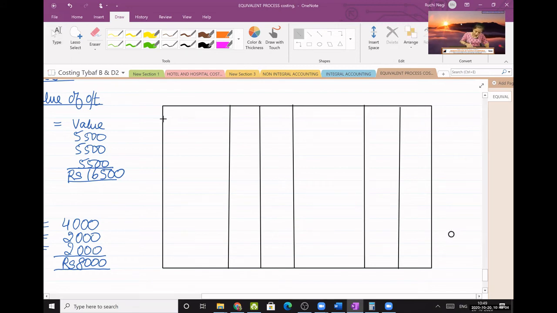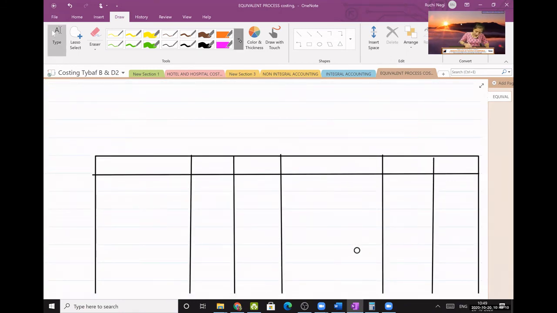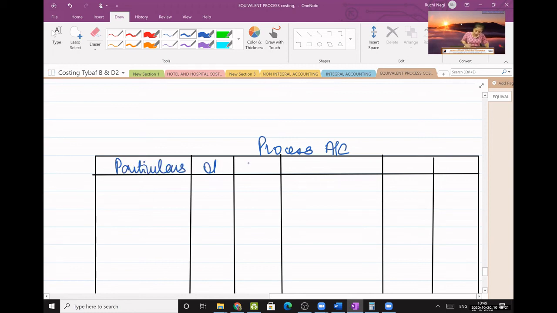Start. Process account. Particulars, quantity, amount, or you can even write rupees, it's up to you.